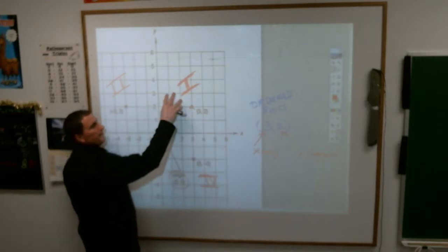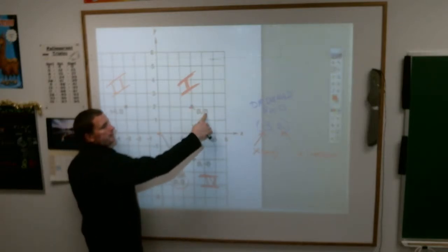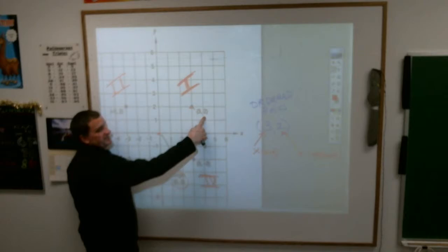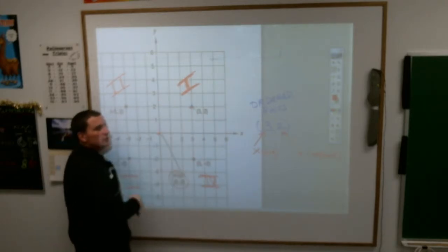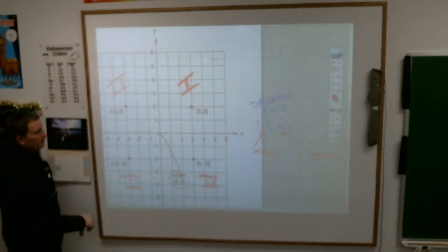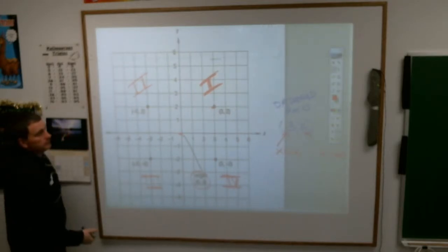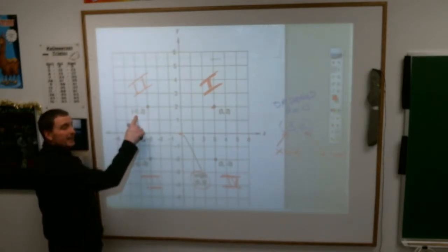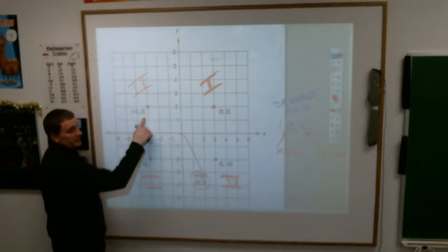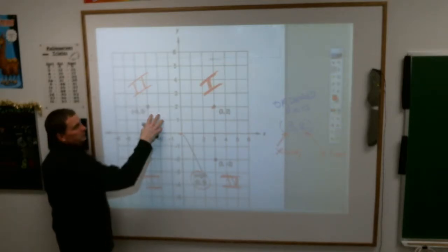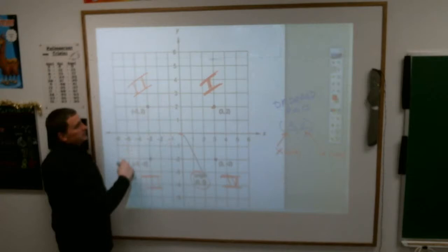Notice in quadrant number 1, both the x and the y will always be positive. That's why you've dealt with that before, because we didn't do a lot with negative numbers before. In quadrant number 2, the x is negative and the y is always positive. So anything in quadrant 2 is going to have a negative x value but a positive y value.